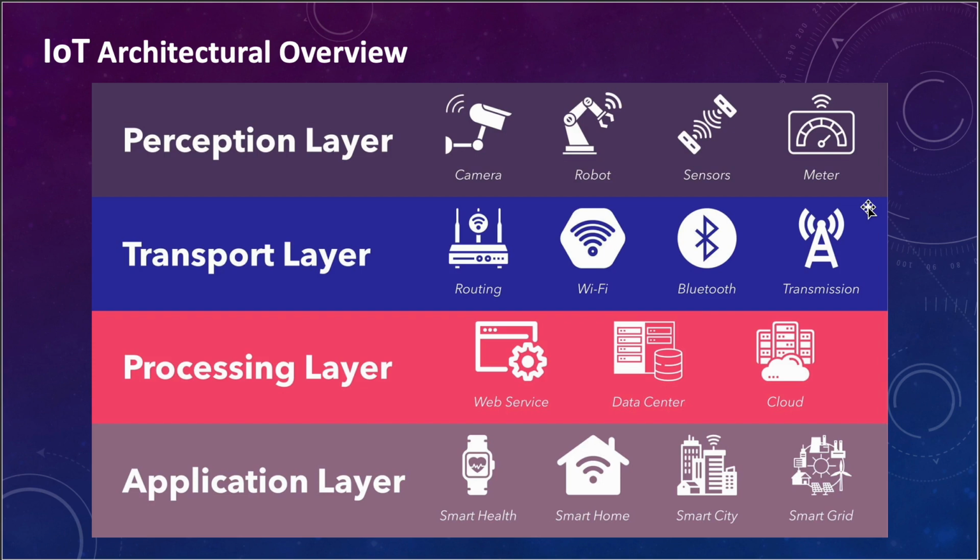Except for that, rest of the transport layer is entirely in the domain of networking. If you are a student who has learned networking as a subject, I think it is easy for you to understand Zigbee and Z-Wave, those things as well, because those are also networking protocols.